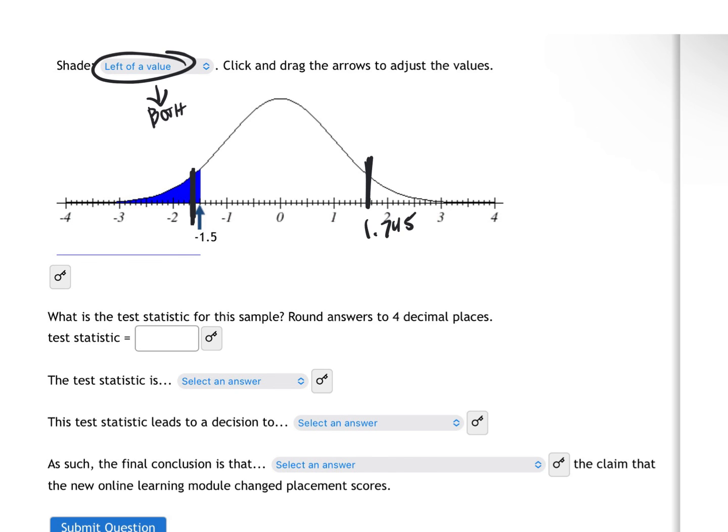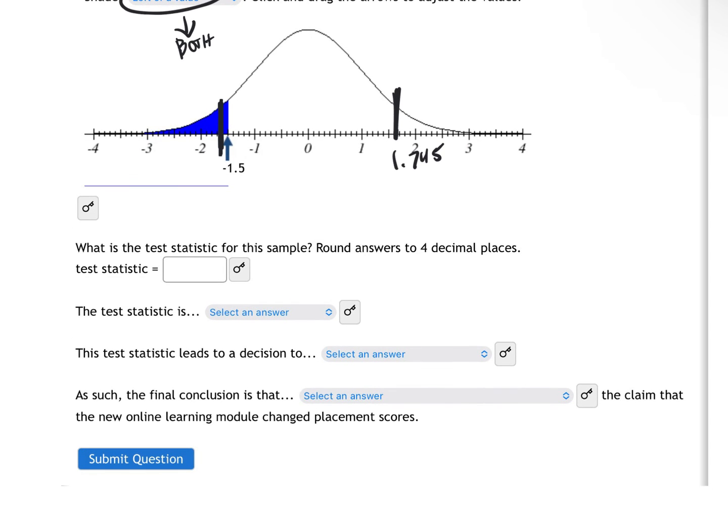Right. And then what is the test statistic for this sample? The test statistic for this, after I ran my one sample, I went to tests, number 2, one sample t-test, and then I put in data.